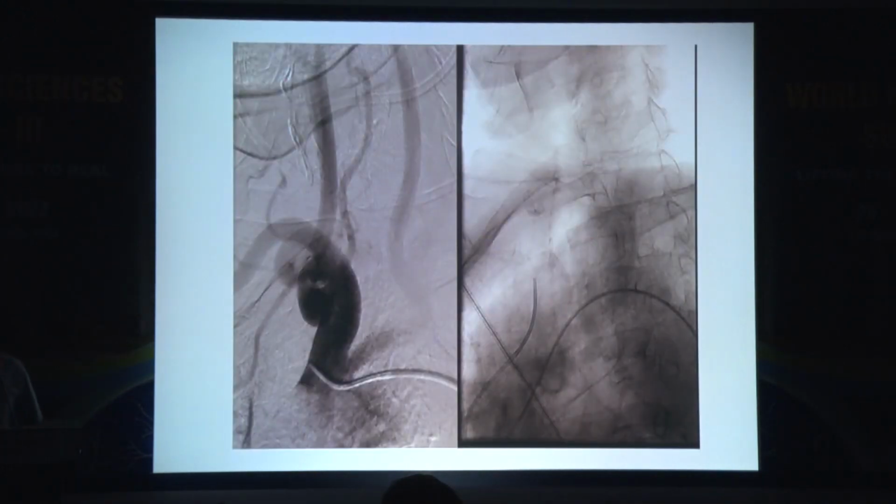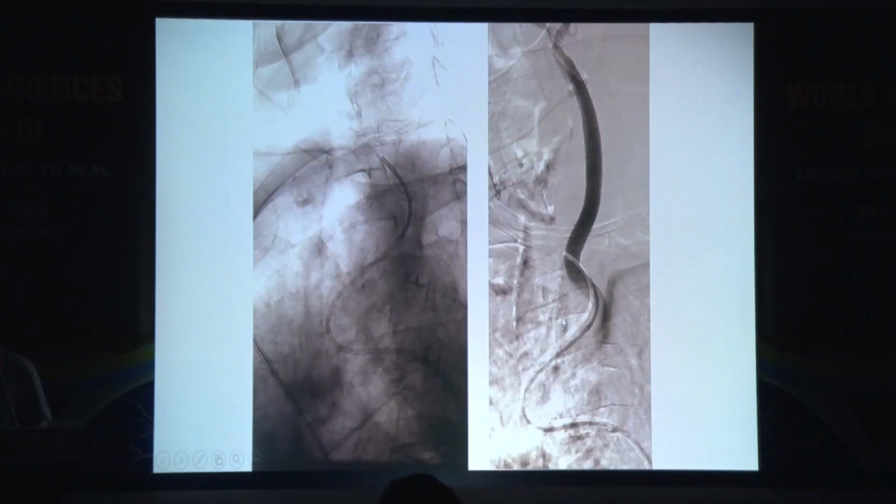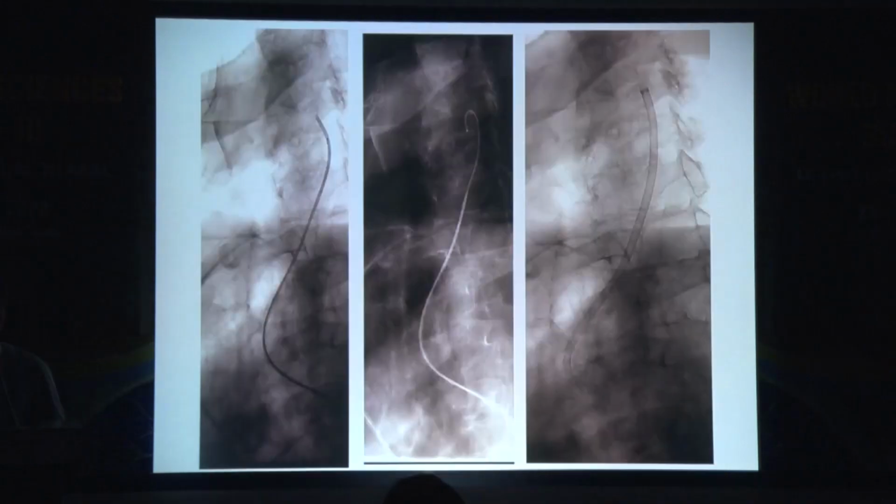Like in this case, there is a reverse anatomy, a type 3 arch. This is a SIM2 catheter. You can see that the Picard catheter was initially used, but we were not able to cannulate this artery. So then we switched to a SIM2 catheter to easily access the artery. Then we used this Amplatz exchange wire to track the guiding sheath into this ECA.